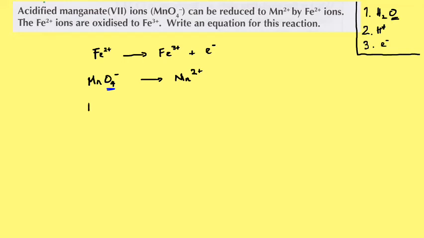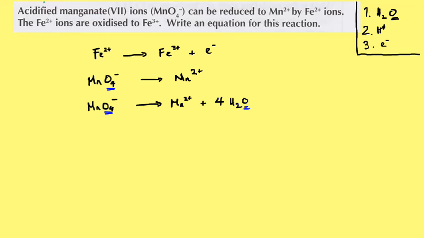So we can leave the manganate ions alone, and we've still got our manganese 2+ ions, but we're going to need to add water, because that's what we add when we want to balance the oxygen. We've got 4 oxygens on the left hand side, and so far we've only got 1 on the right hand side. So of course we need 4 water molecules, so that now the oxygen balances.